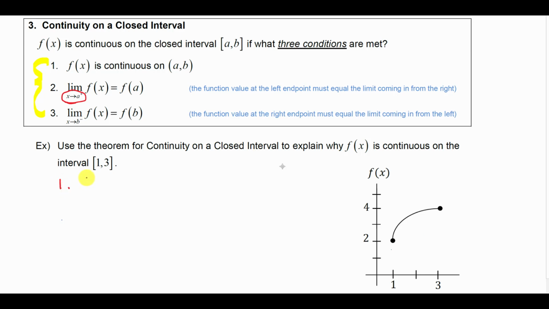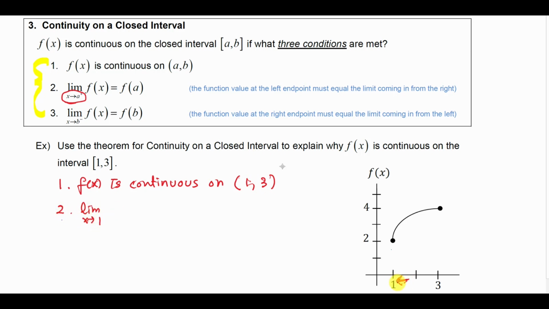So 1, you can just quote, since this function has no hole, no gap, no jump between 1 to 3, f of x is continuous on the open interval, in this case 1 to 3. Number 2, limit as x approaches 1.